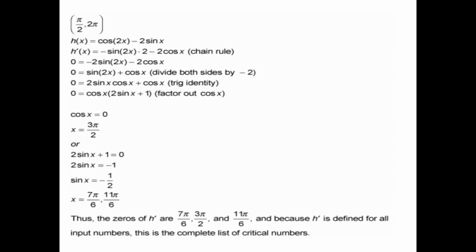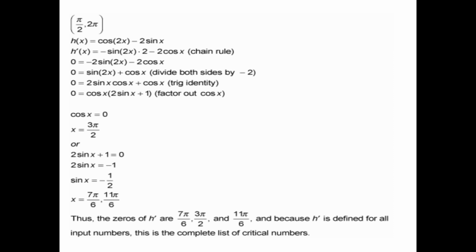Case 2. For 2 sine x plus 1 equals 0, taking plus 1 to the other side, we have 2 sine x equals minus 1, dividing through by 2 to have sine x equals minus 1 over 2.